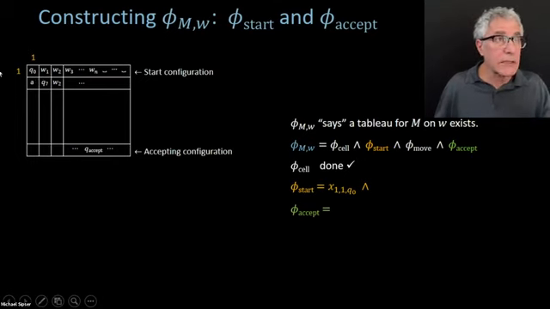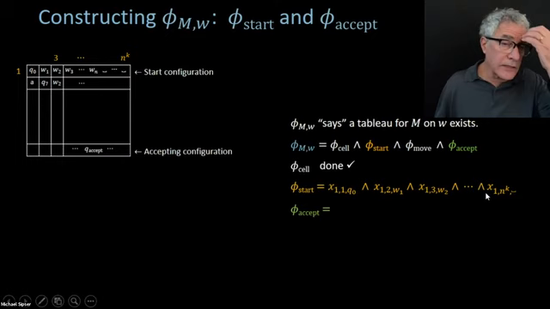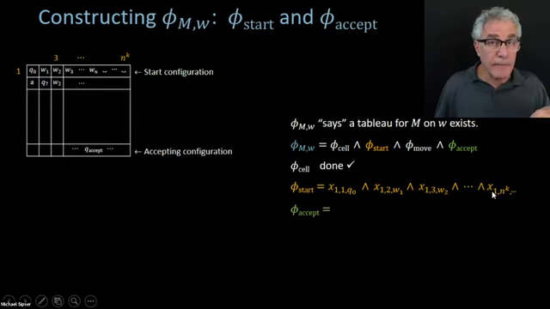Now we're going to do the next cell, 1, 2, the next cell of the start configuration. So phi start is going to have x 1, 2, the next place, contains W1, and so on. x 1, 3 contains W2, all the way up to Wn, and then there's going to be a bunch of additional parts which say that we have blanks in the rest, spelling out exactly all of the symbols in that top row.